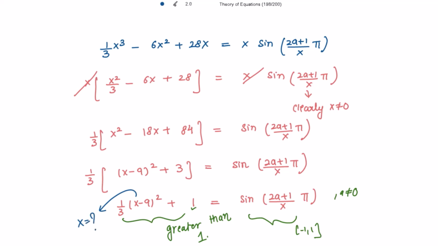So what we have to do is put this term equal to 0 for the valid range of this sine, right? So if I put 1 over 3 x minus 9 whole square equal to 0, I get 1 on the left hand side, and on the right hand side I have sine of 2a plus 1 divided by x into pi.